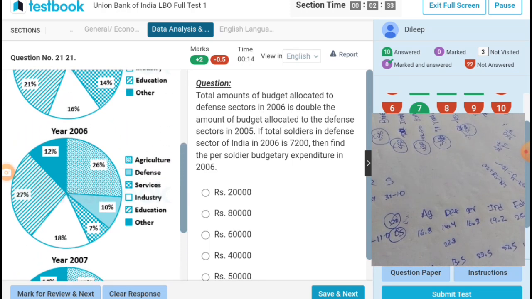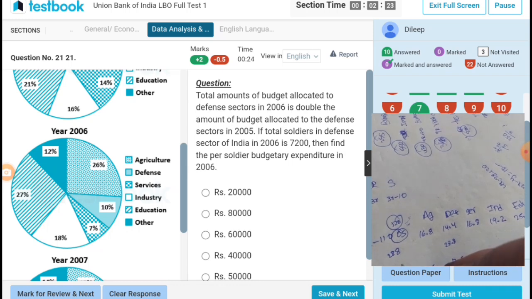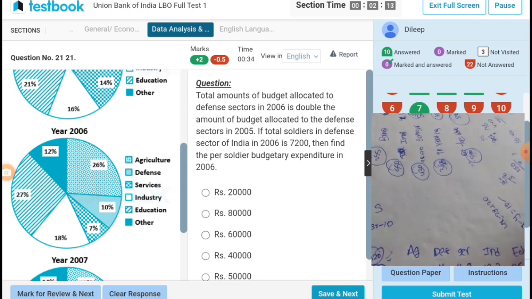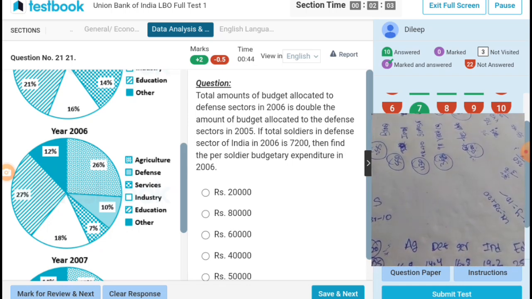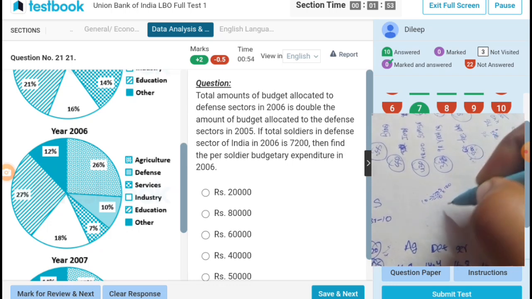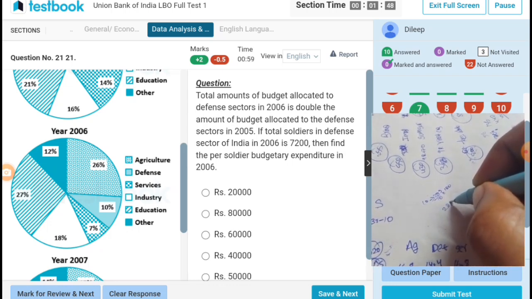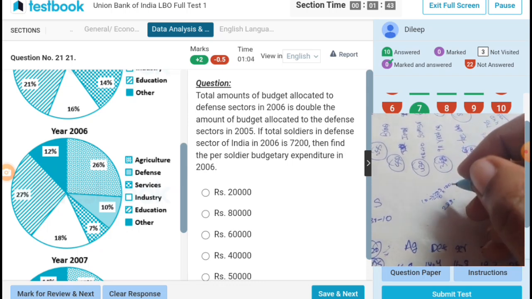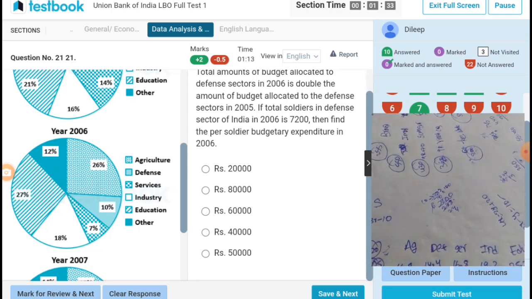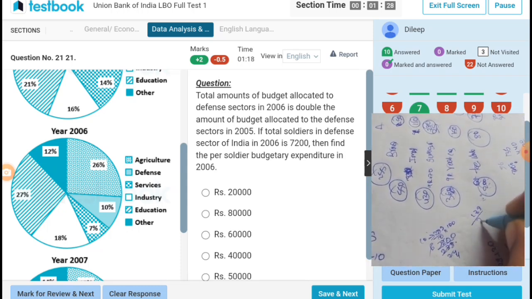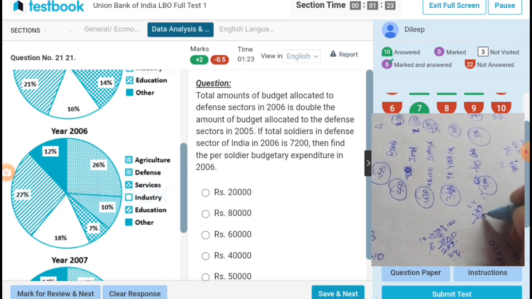28.8. 10 is so 288. The soldiers in defense sector 2006 is 288, 10, so 288. 7200. So 4,000.